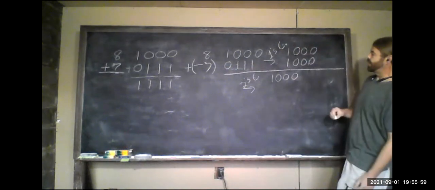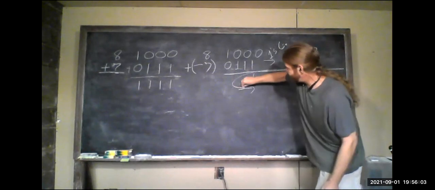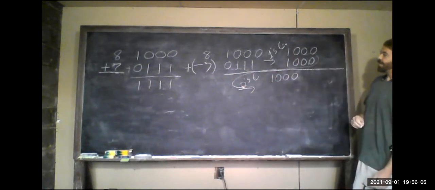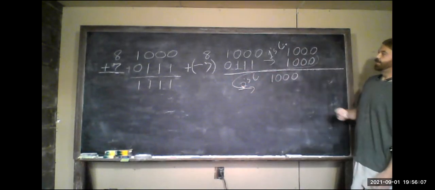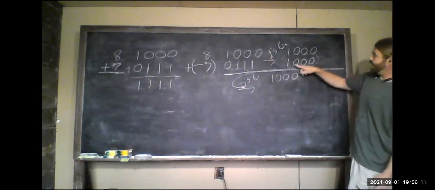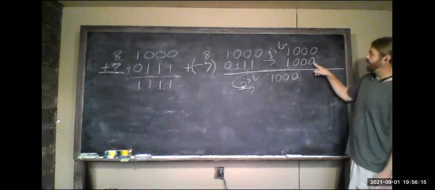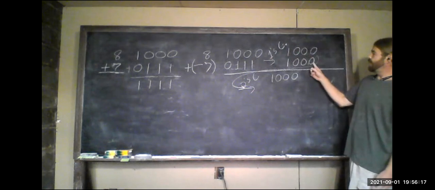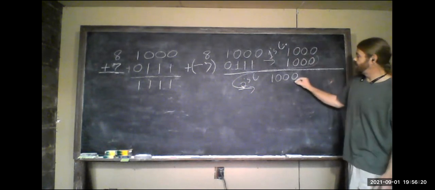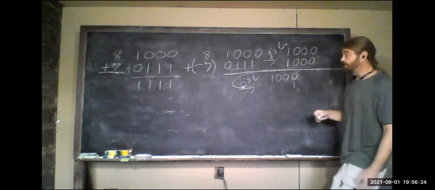I'll put a line to separate all that. I was going to try to write that all in one big long row. So we have our 1's complement, 1, 0, 0, 0, and then add 1. 0 plus 1 is 1, and there's nothing to carry, so none of our other columns are going to change.